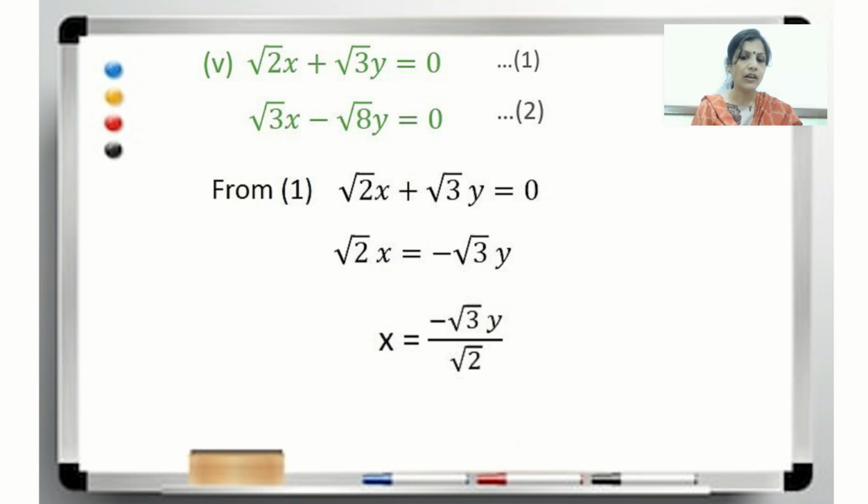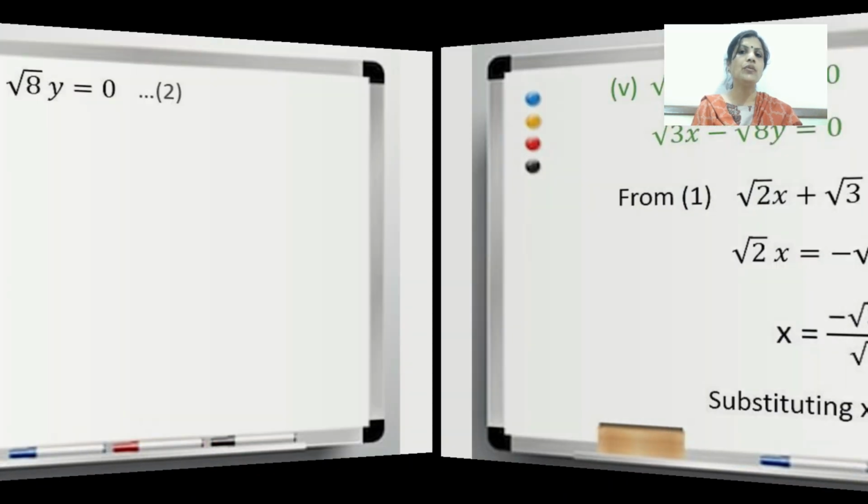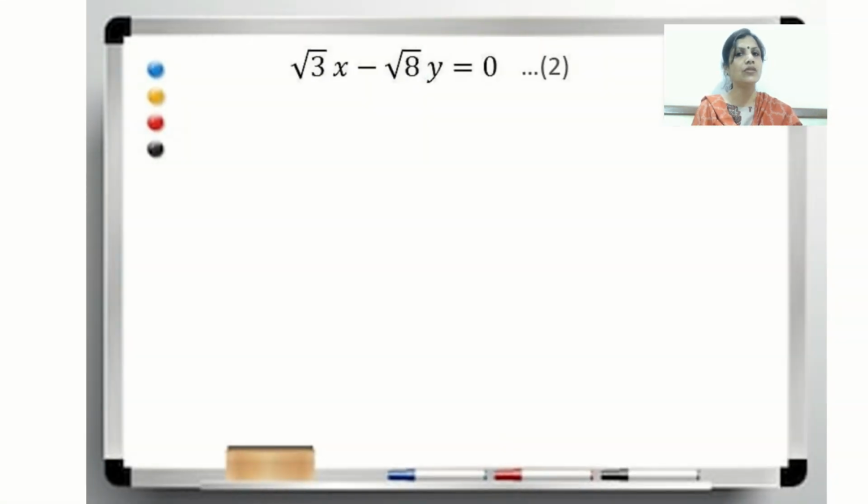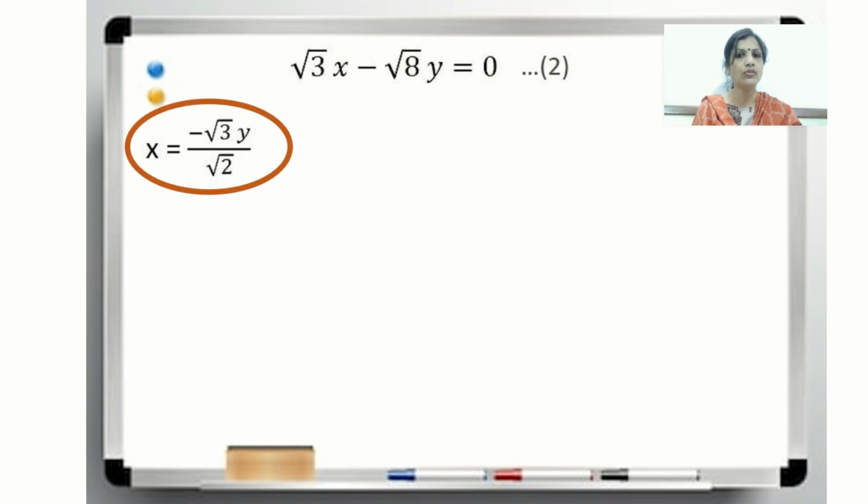Now this value of x we will substitute in equation 2. So let's start doing it. Equation 2 is √3x − √8y = 0. We have to substitute the value of x here, and what is the value of x? Value of x is −√3y upon √2. Let's start substituting.